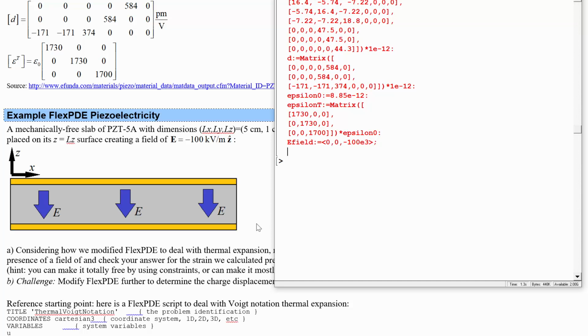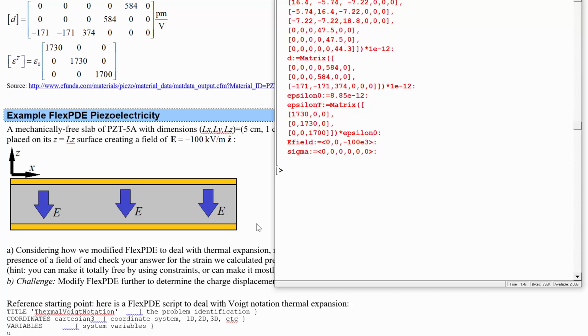And now from that, we should be able to figure out what the strain is, given also that sigma is equal to 0, 0, 0, 0, 0, 0. This is a free object this time. Okay, so no stress, and we've got the electric field that's just in the z direction.